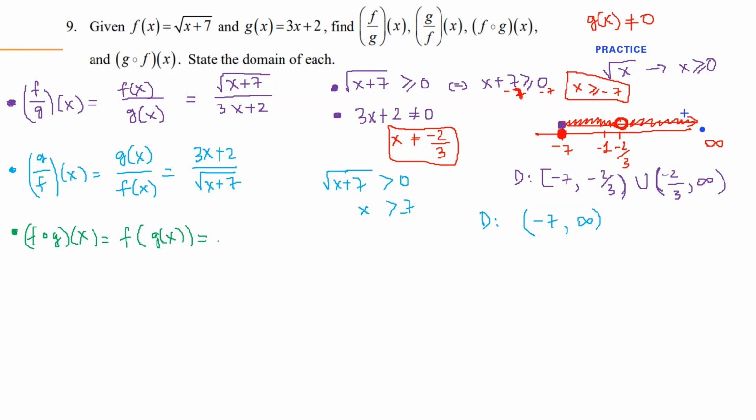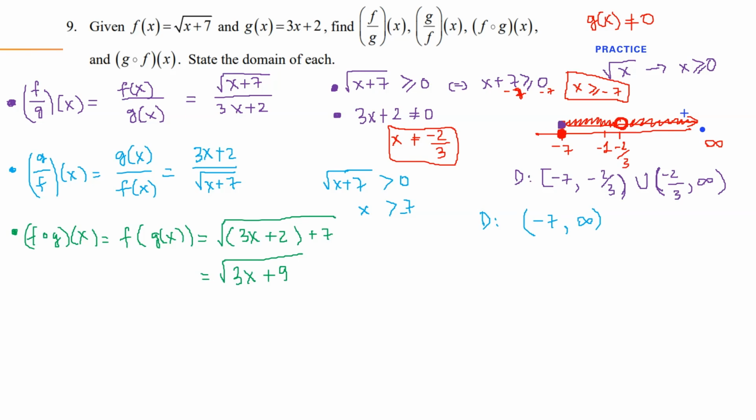F of x is the square root of x plus 7. Now our x is g of x, that is 3x plus 2. That equals the square root of 3x plus 9.